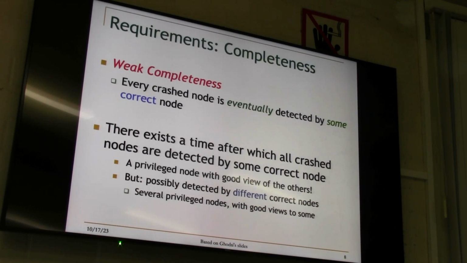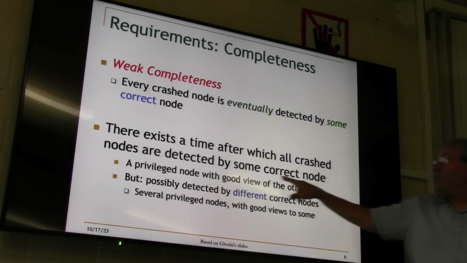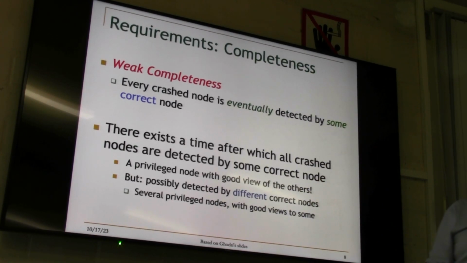If one of those spectators falls asleep, how dare he fall asleep during the game, the players can see that. Players can see all the spectators, but the spectators cannot see each other. So the privileged nodes here are the players, and they can see whether a spectator has fallen asleep. That's a typical example of weak completeness.